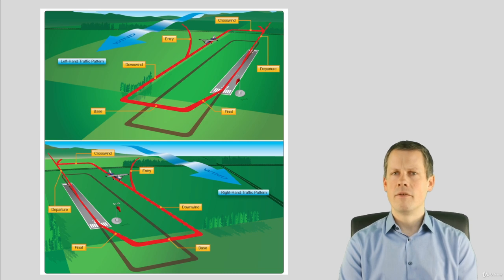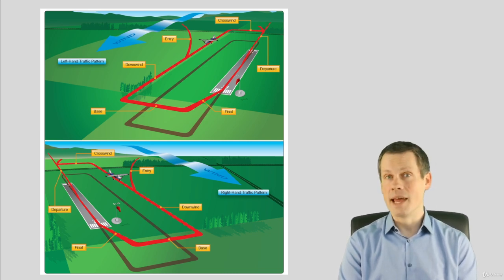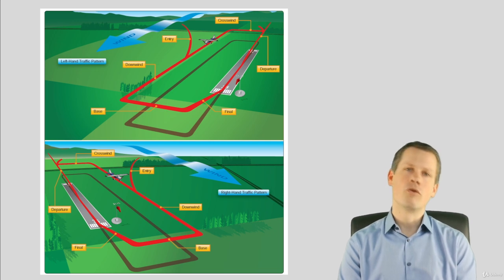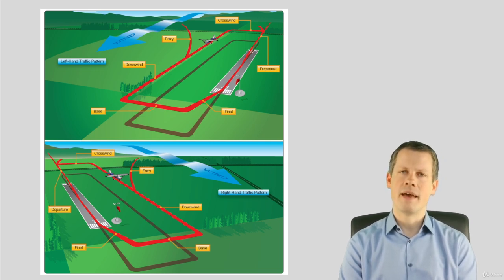So normally, if you're landing into the wind, so your final is into the wind, you will have a downwind on the downwind leg. And also you will have a crosswind on the crosswind leg, hence the names. And then there is base, which forms a 90-degree angle to the final approach. And then there is the final approach, which is leading you straight to the runway.